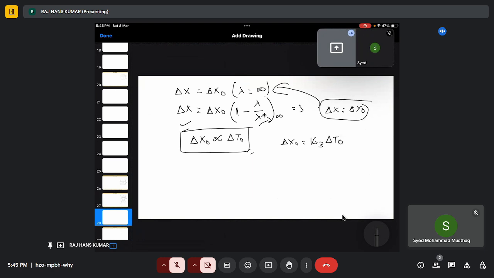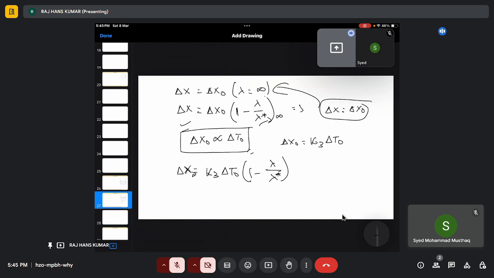Then upon substituting here, delta x will be equals to K3 delta T naught times 1 minus lambda star by lambda.